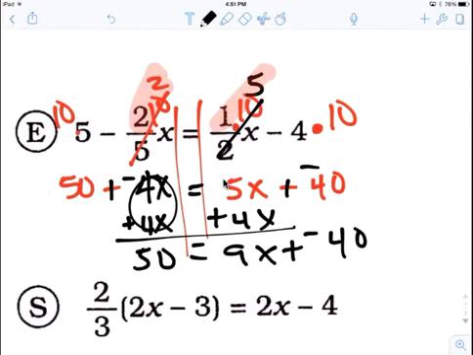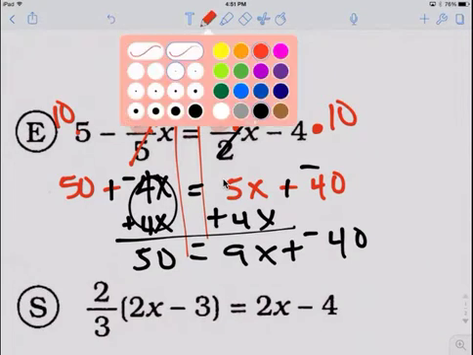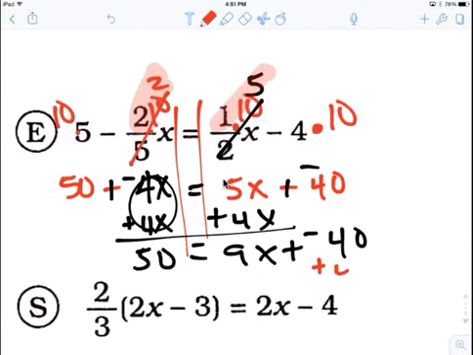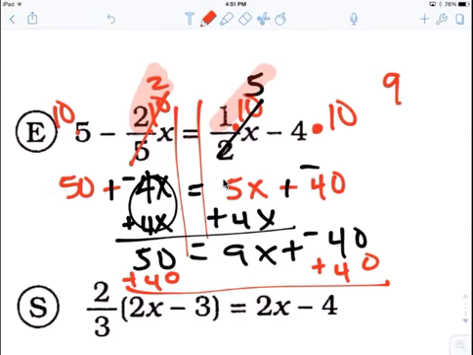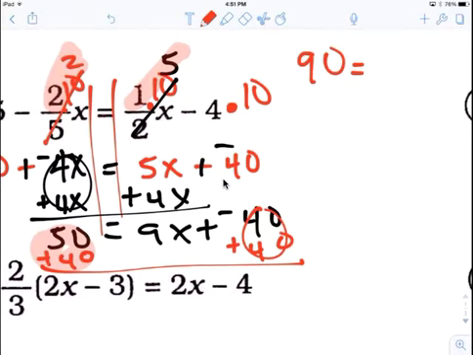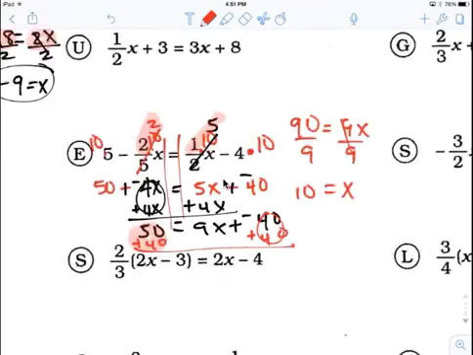And then you would make 0 to the positive 40. Positive 40. You would get 90. These two are 90, equal to 9x plus 0 is 9x. Divide by 9, divide by 9. X then is equal to 10.